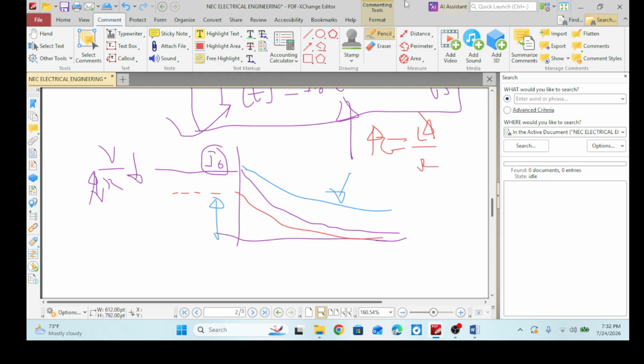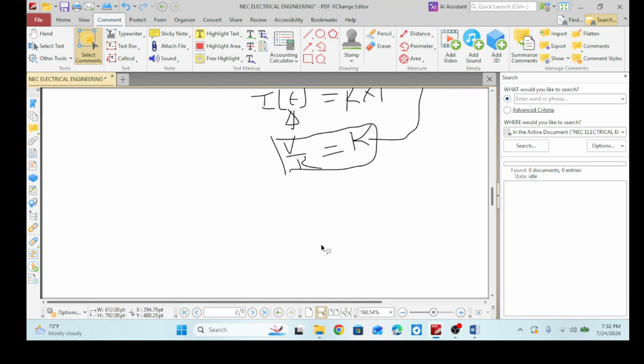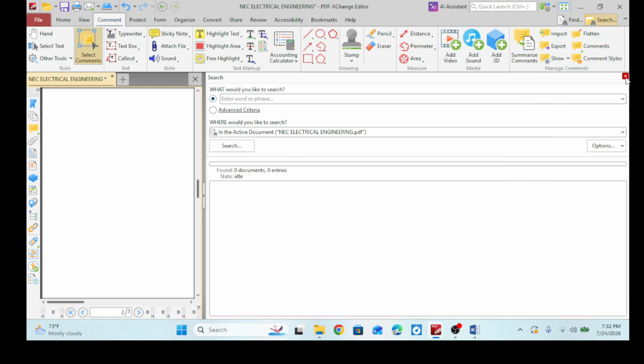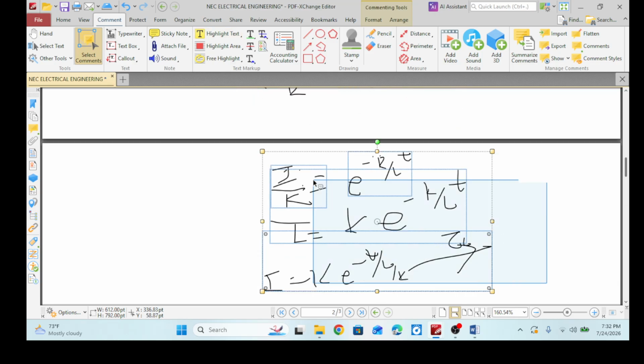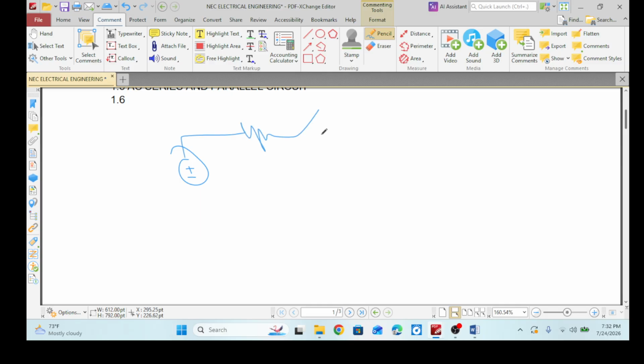Okay. Now the unit response in an RL circuit. This is a voltage source, this is a resistor, and this is an inductor. At time t equals 0, the switch will be closed.